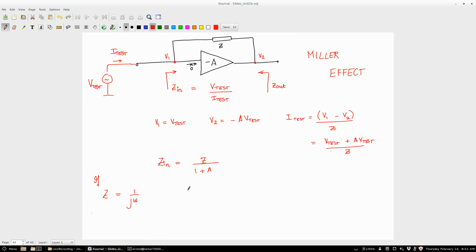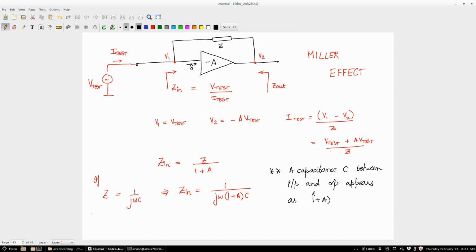So your Z in will become Z divided by 1 plus A. Correct? So if your Z were actually 1 by j omega C, then Z in will be 1 by j omega times 1 plus A times C.